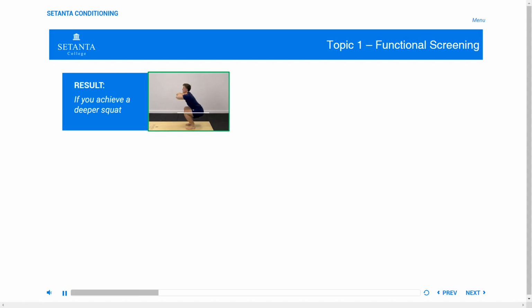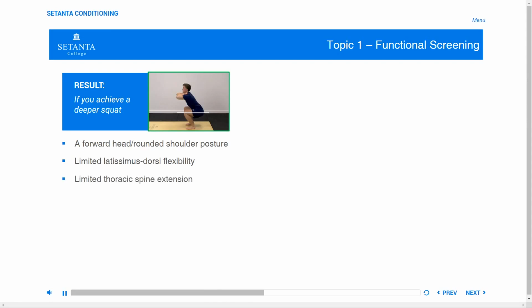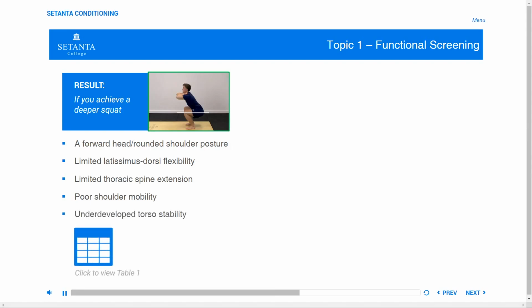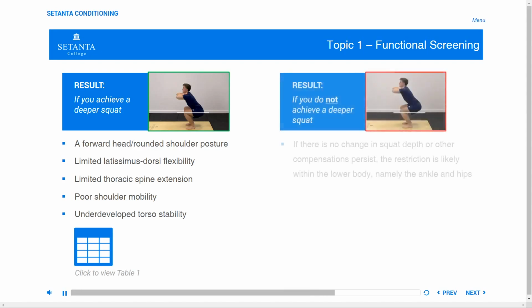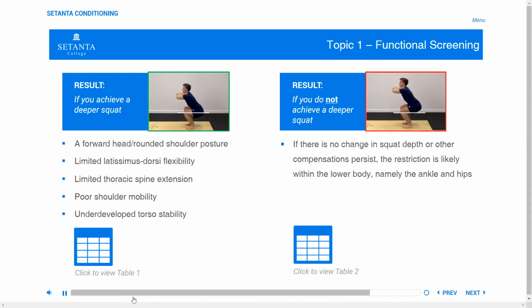This may be as a result of one of, or any combination of, a forward head or rounded shoulder posture, limited latissimus dorsi flexibility, limited thoracic spine extension, poor shoulder mobility, or underdeveloped torso stability. If there is no change in squat depth, or other compensations persist, the restriction is likely within the lower body, namely the ankle and hips.